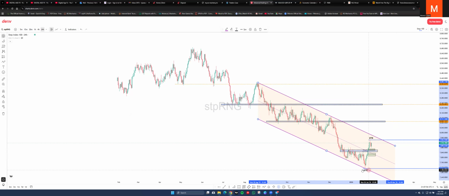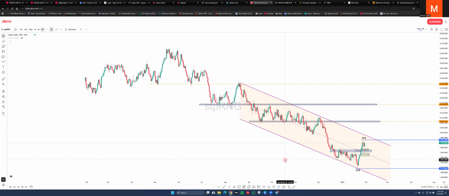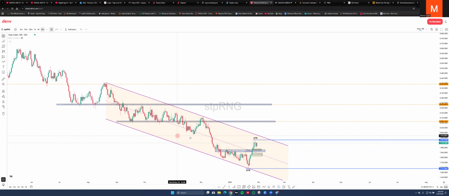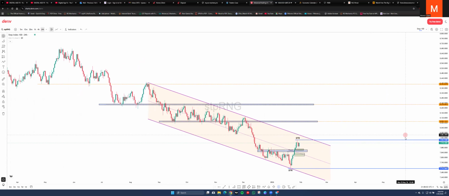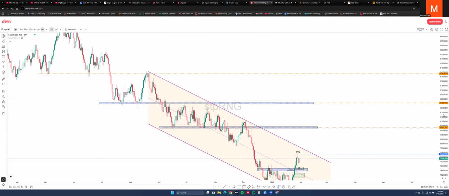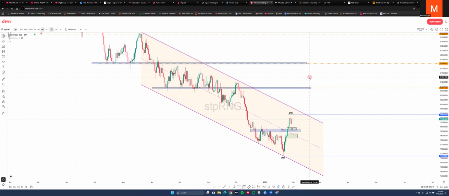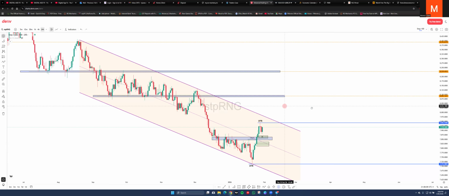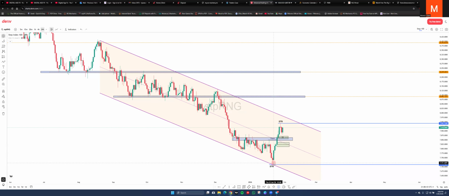So the way I'm looking at this step 100 index, this is the daily time frame. Already it has set a range. So this is the daily trading range. It has set a range between all these points.